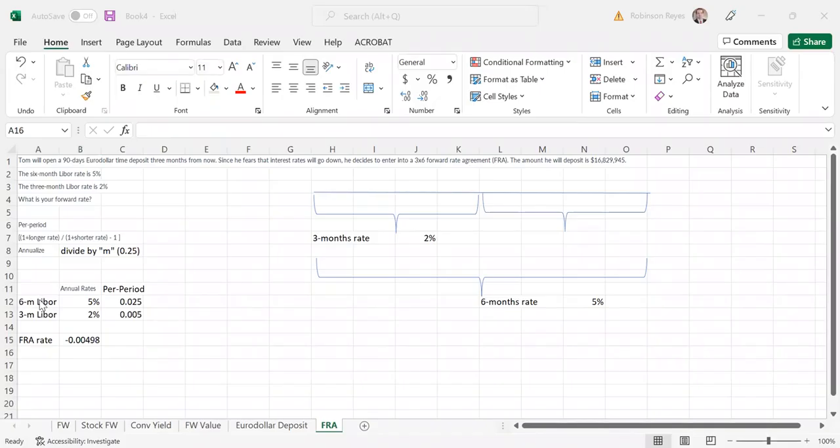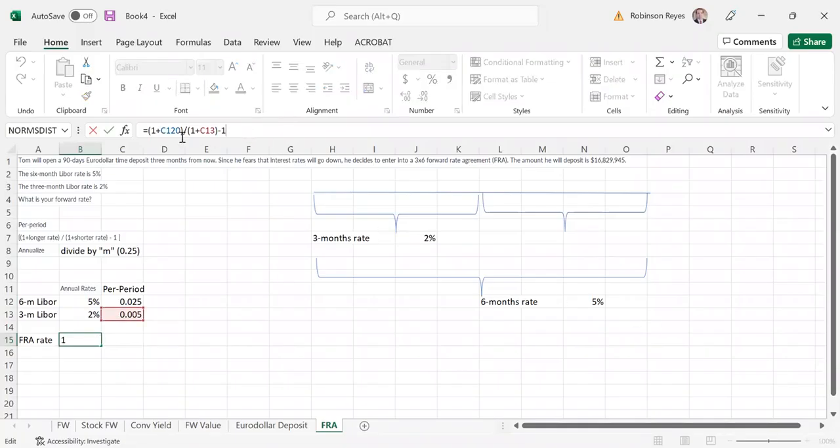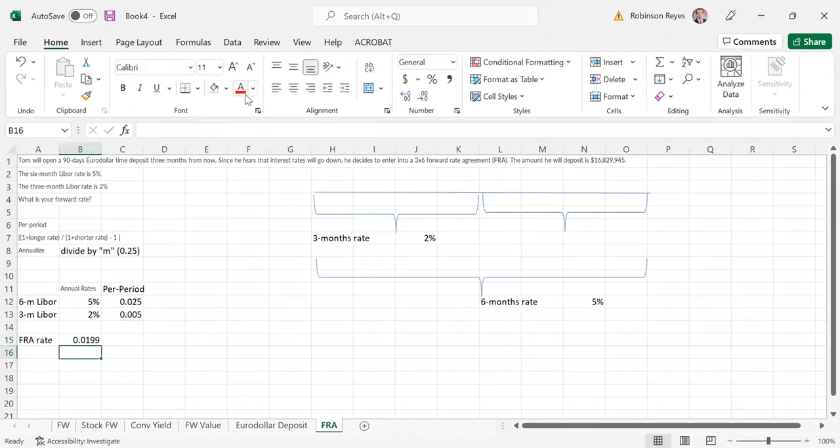And one important thing, because this rate was coming up negative, is that I was choosing cell C120, it should be cell C12, right? So now this FRA rate is 0.0199. We can have it in percentage as 1.99, but then we need to annualize it.